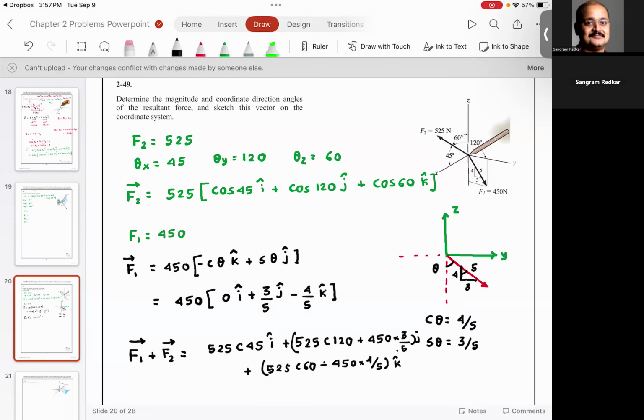Do you agree with me? And that is going to be the resultant.